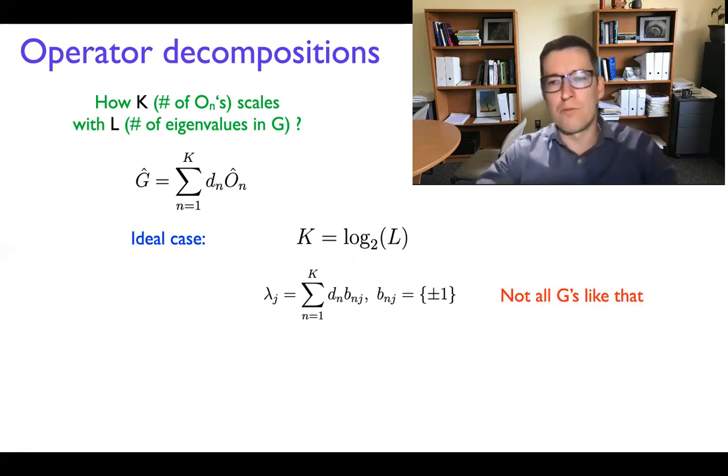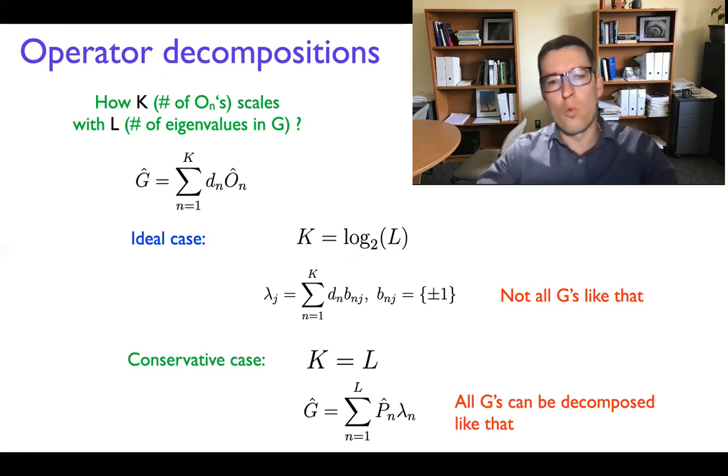Unfortunately, not all generators are like that, and you may not be that lucky, and your generator will require, in the conservative case, the same number of operators as the eigenvalues you have. This is the worst case scenario, and you cannot get worse than that, because you can always represent the generator as a linear combination of projectors onto the eigen subspaces, corresponding to the eigenvalues.